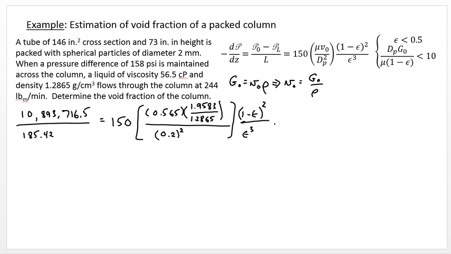And so if we insert the numbers and do the calculation, we find that 1 minus epsilon squared over epsilon cubed is equal to 18.2167, and so consequently we find that epsilon is equal to 0.300.